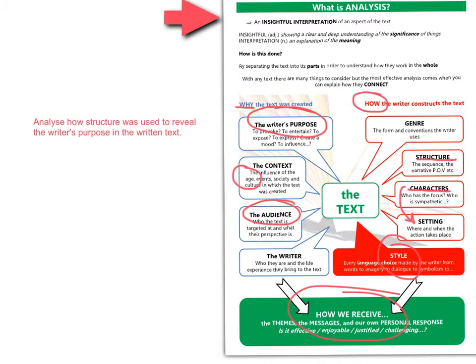Straight away, you would move over to the how side, and you would look at how, say, Shakespeare has structured and organised the text, and for what reason. Why did he do this? Was it to show an aspect of society, or to clearly illustrate the development of a theme or a character change?